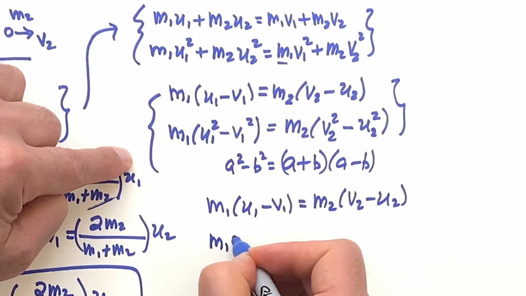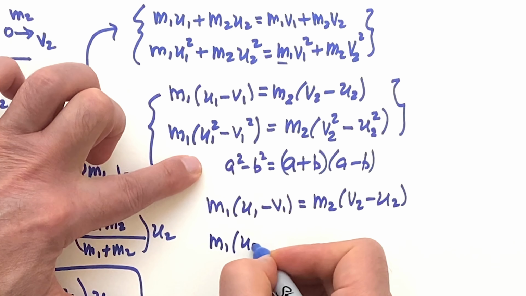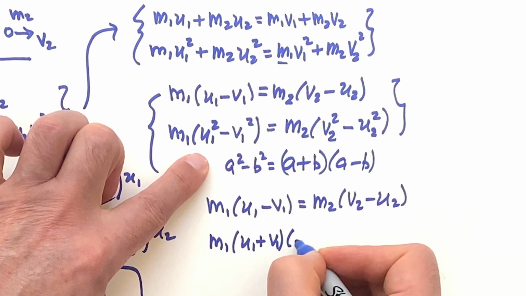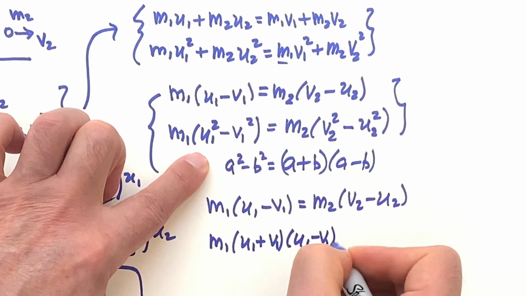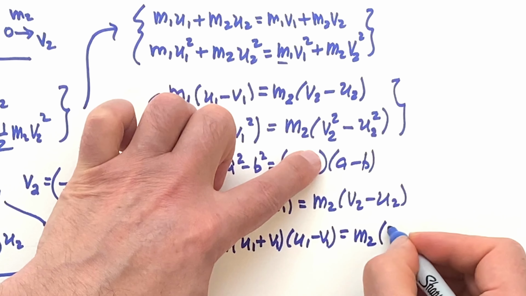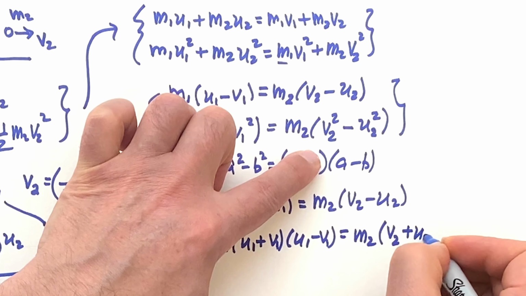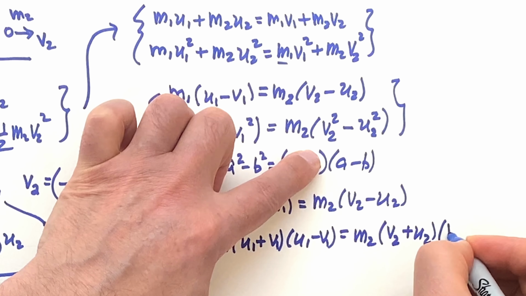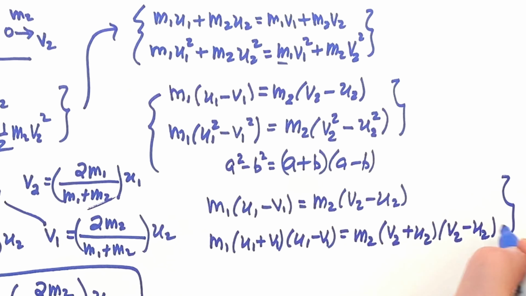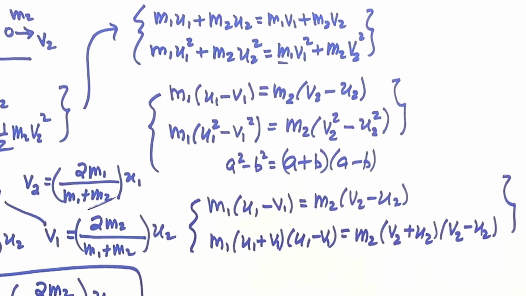We'll have M1, and now we'll have the sum and difference. The sum is U1 plus V1, and the difference is U1 minus V1. Then that's going to equal M2, we'll have the sum, V2 plus U2, times the difference, V2 minus U2. And these are the pairs of equations.